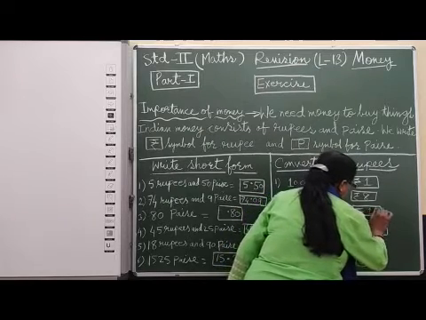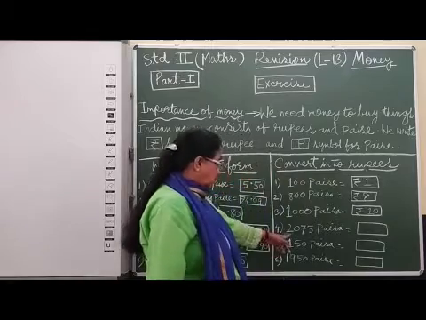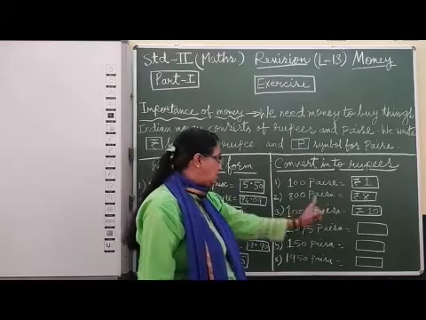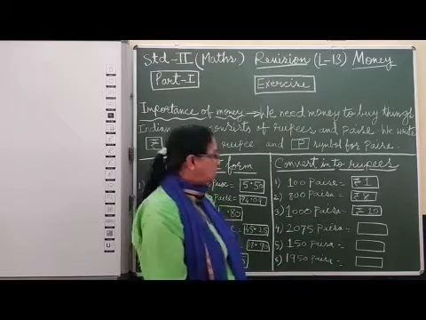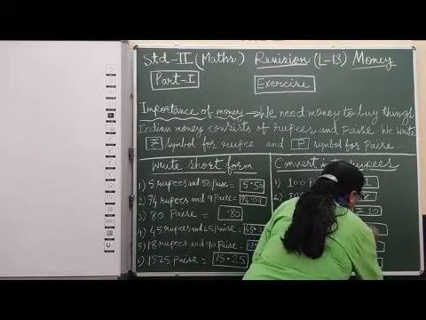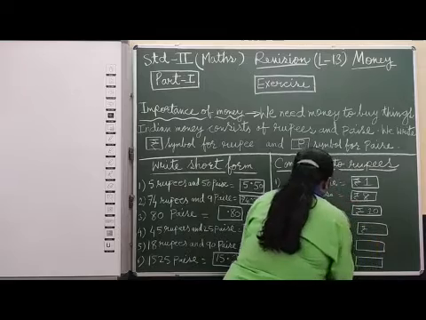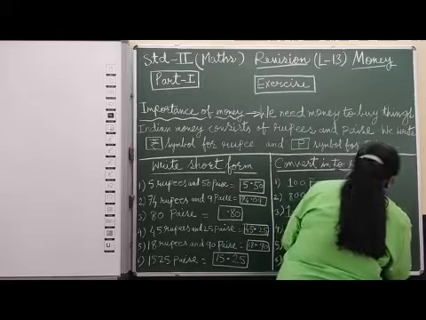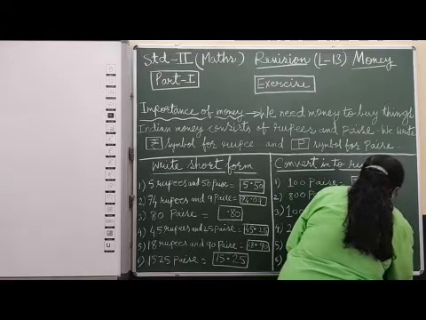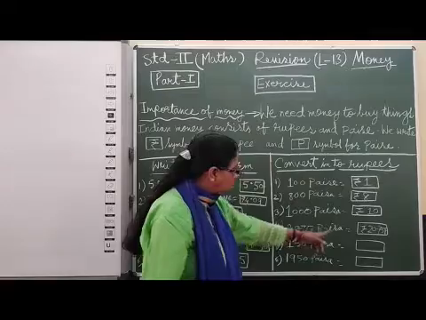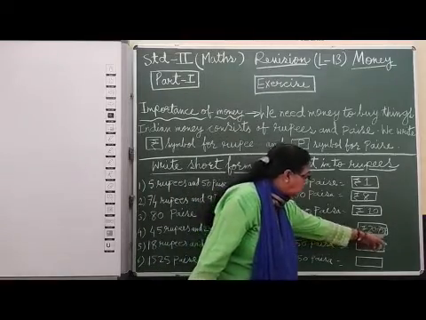Very easy. Now 2075 paise is equal to: if 1000 paise is equal to 10 rupees, 2000 paise is equal to 20 rupees, plus 75 paise. So we write here 20 rupees 75 paise, and we mark the point, 20.75.